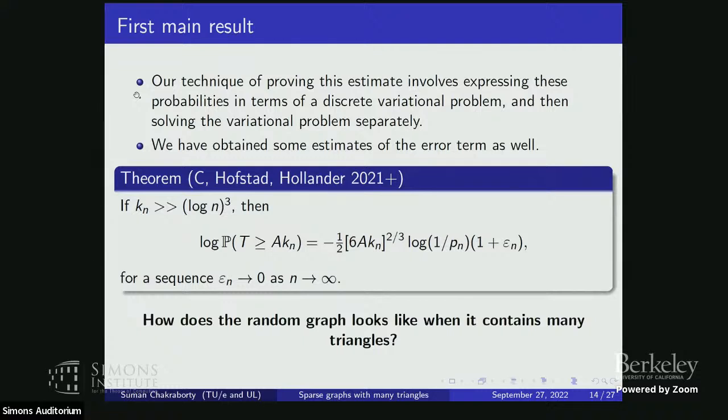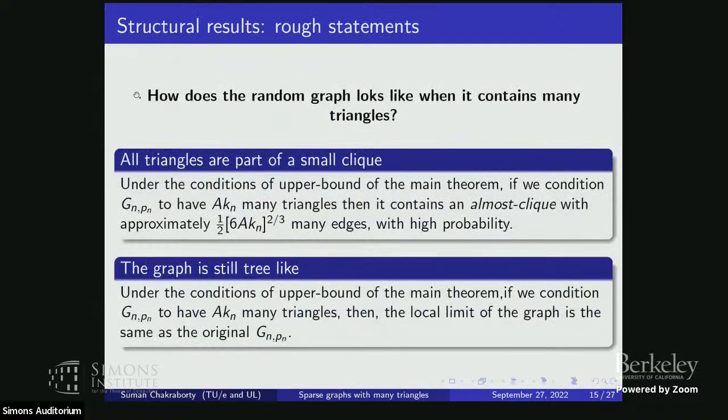And then when you have this quantity, the next question is, okay, so you have proved using the union search that there is a clique somewhere, and that the union search and some more mathematics gave you that this is indeed the correct way. But then how does the graph look when it has so many triangles? So we have some handle on that as well. I'm giving you a rough statement because making it precise means I introduce more notation.